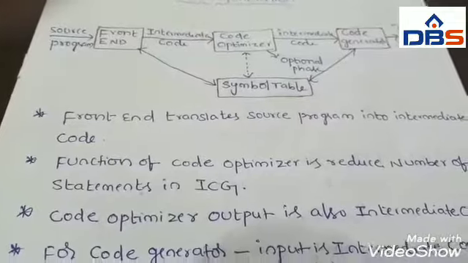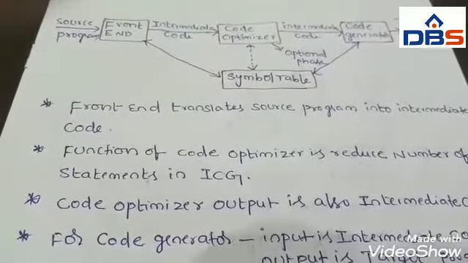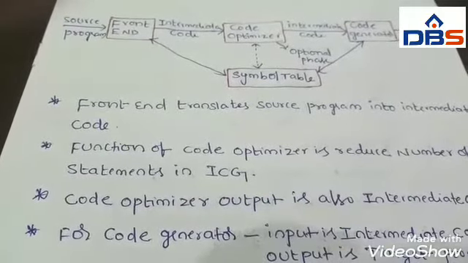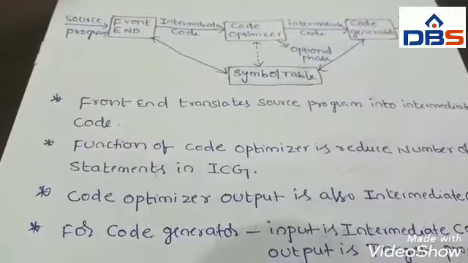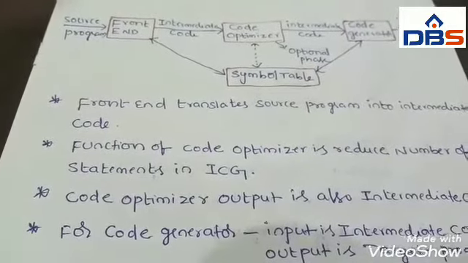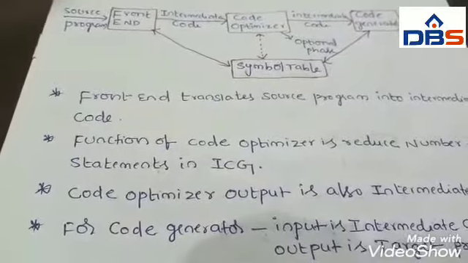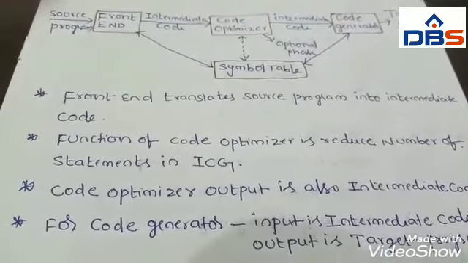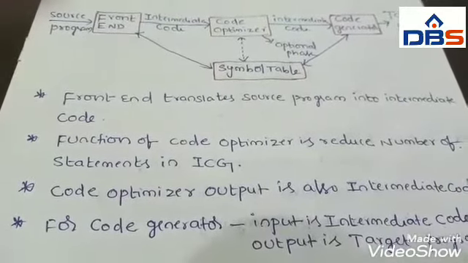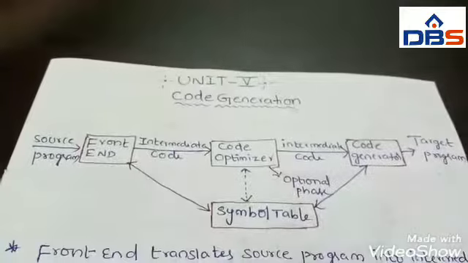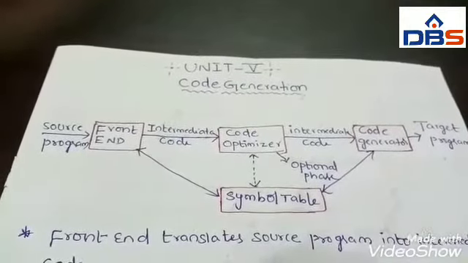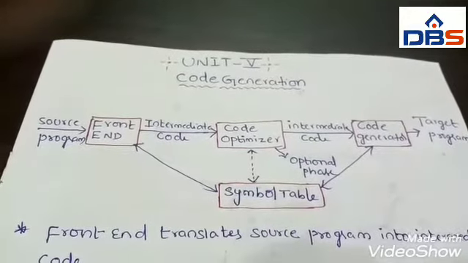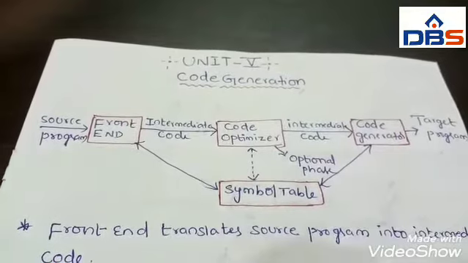It means it can reduce the number of statements in the intermediate code, or it can replace complex operations by simple ones. For example, multiplication can be replaced with addition, etc. This type of optimization can be done in the code optimizer. The output of the code optimizer is also intermediate code. So for the code generation phase, input is intermediate code and output is the target program.